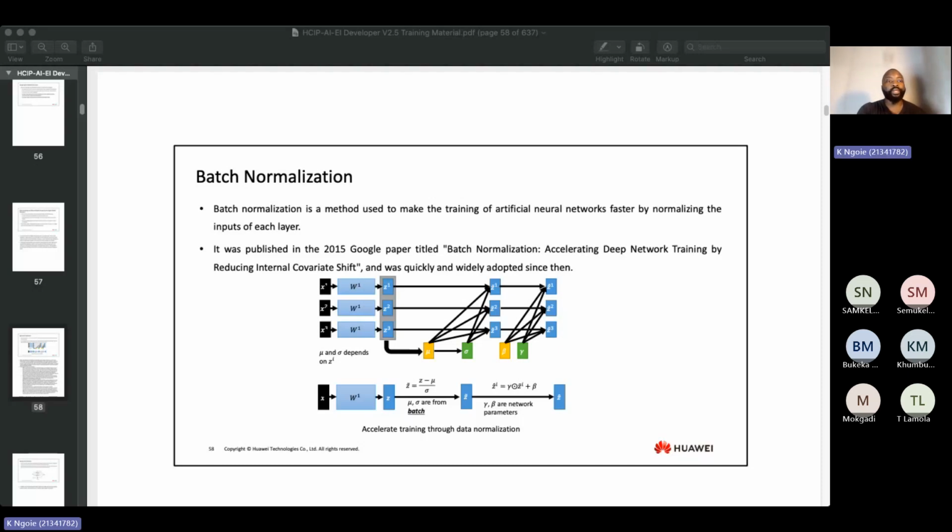What's going on here? All right, is there anybody who still doesn't understand the concepts behind normalization?